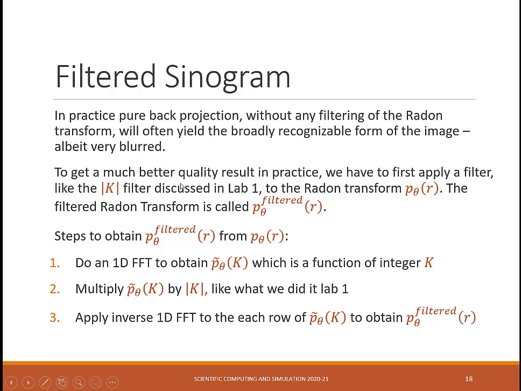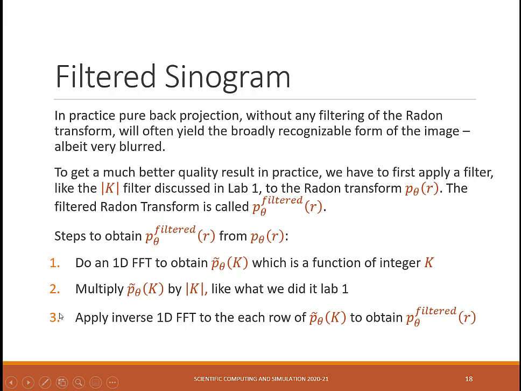So, to get much better quality results, we have to first apply a filter to the sinogram and obtain p(theta, r) filtered. Then the filtered sinogram is used in the back projection series to create the image.